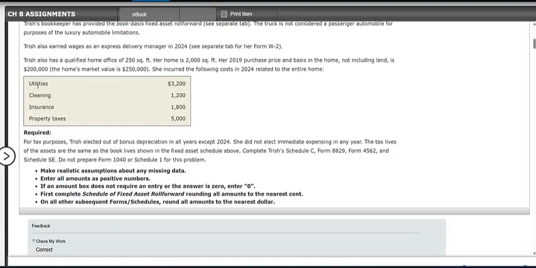The problem said that utilities were $3,200, cleaning $1,200, insurance $1,800, and property taxes were $5,000. Also, we'll see that the purchase price of the home was $200,000 and the market value is $250,000. We're going to need that later on.